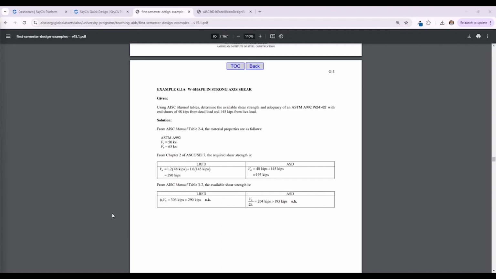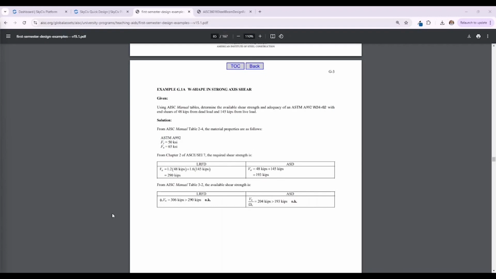So the solution starts out from using the AISC manual, Table 2-4. The material properties are as follows: ASTM A992, Fy equals 50 ksi, and Fu equals 65 ksi.